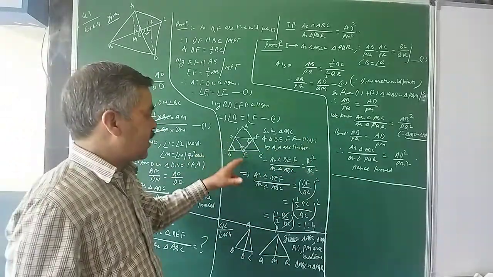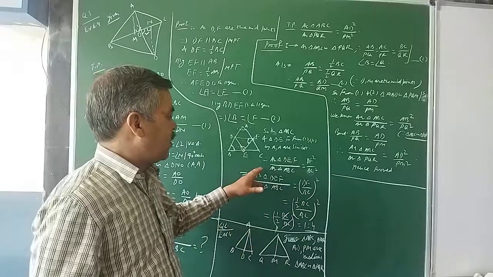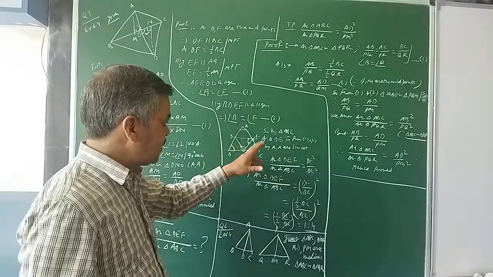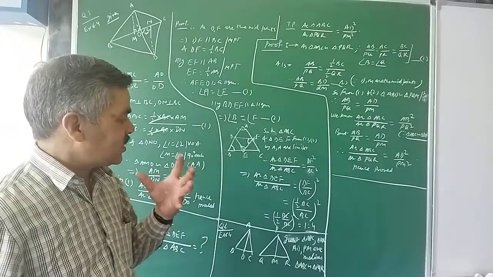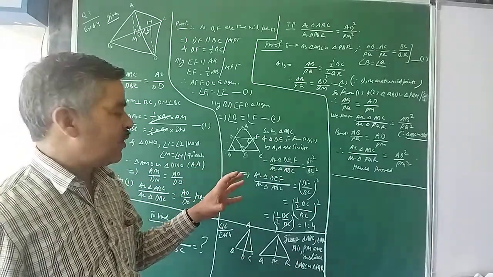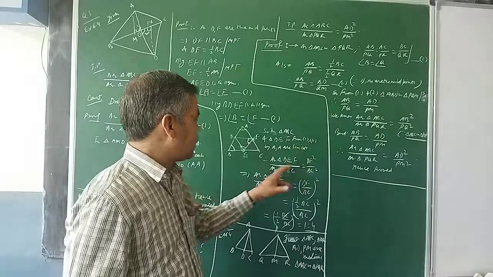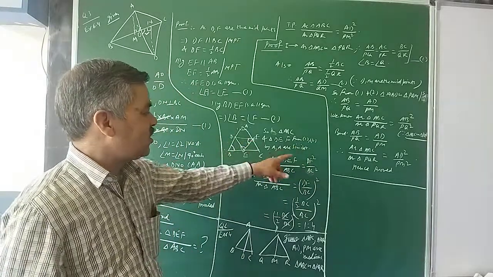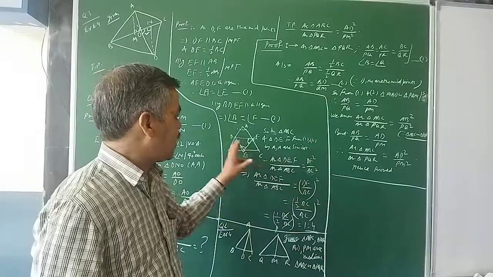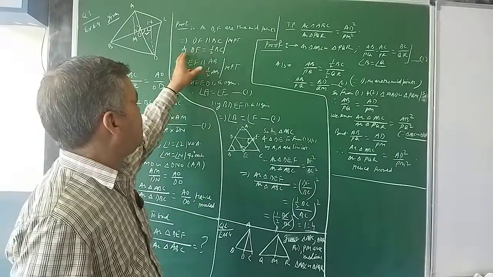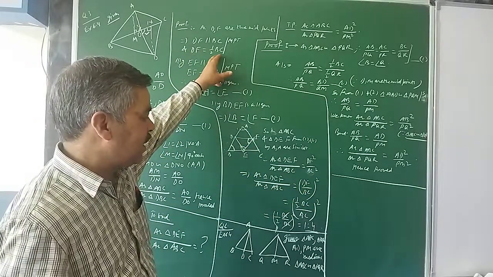So the area of triangle DEF to that of triangle ABC will be equal to the ratio of the squares of their corresponding sides. As per my convenience, I am taking DF square upon BC square. DF you said is half of BC, by the midpoint theorem.